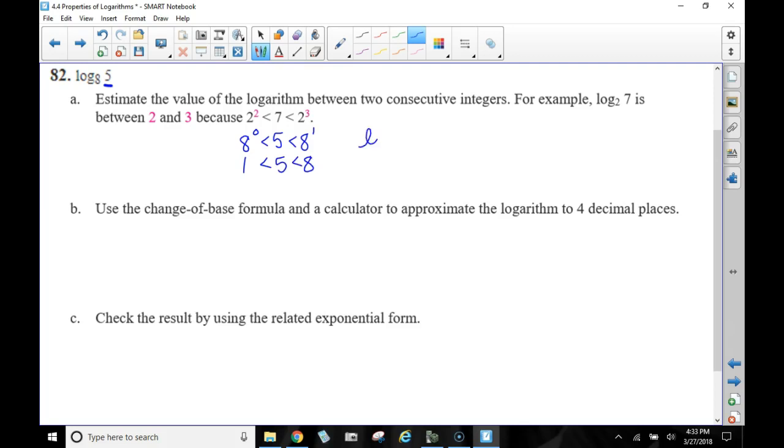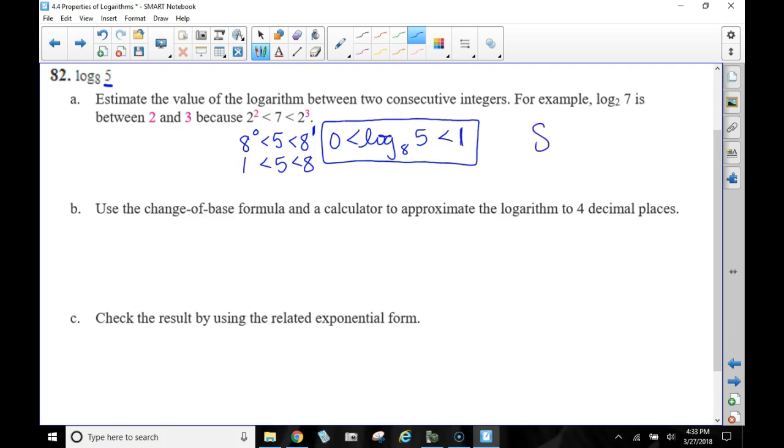And so the log of 5 with base 8 is going to be between the exponent of 0 and 1. So somewhere in between 0 and 1 is what we're estimating our logarithm to be, right?